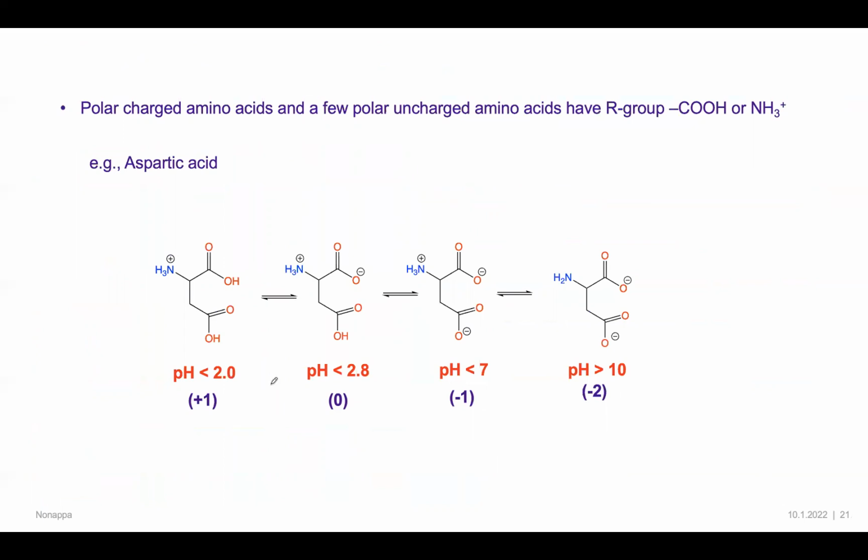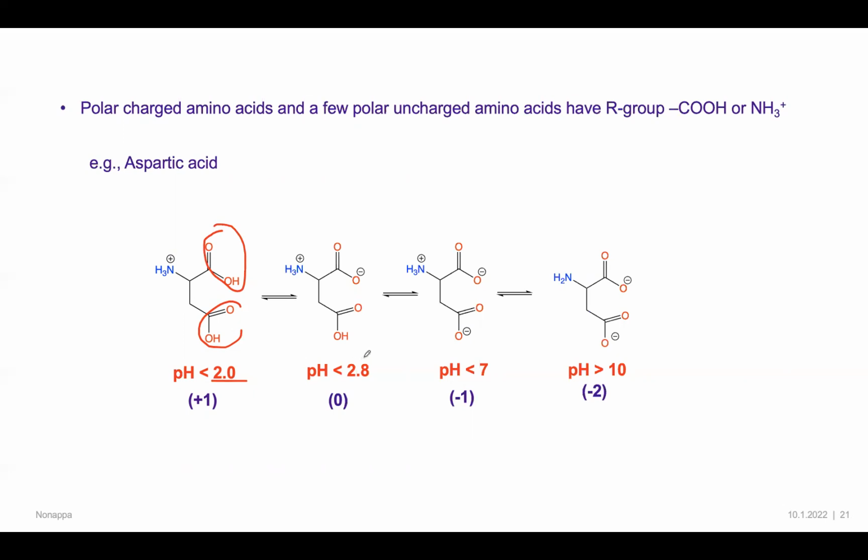That charge can be changed by changing the pH, to a pH either above or below the pKa of a given carboxylic acid group or amino group. In this case, we can have a positive charge below pH 2 because both carboxylates will be protonated and the amine is also protonated.